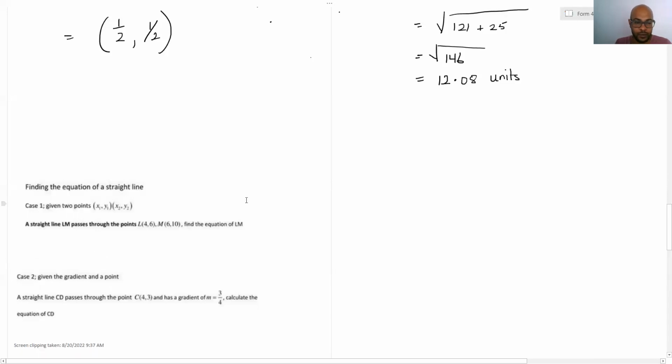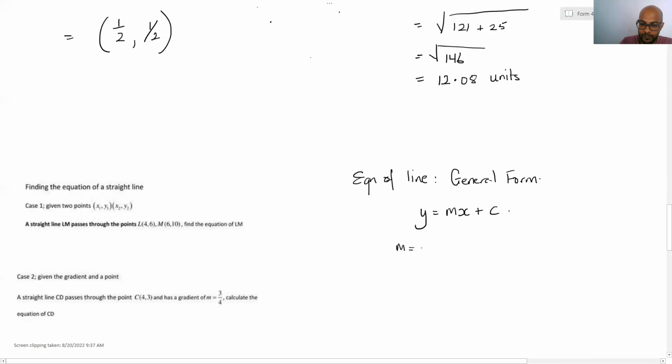Now, I mentioned before that the general form for the equation of a straight line is usually y is equal to mx plus c, where m is the gradient. x and y are coordinates.